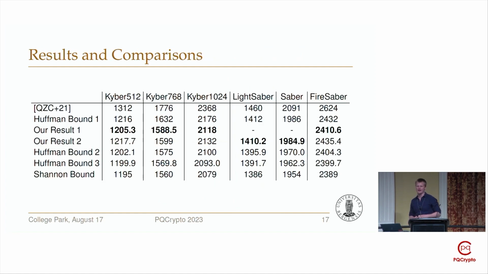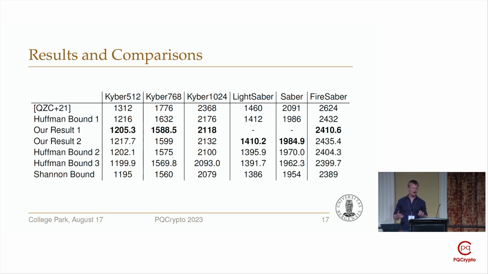And here I have a table of the results in terms of the expected number of splits or queries. So the upper row here is the value of the AsiaCrypt 2021 paper. The one right below it is the bound that they claimed in that paper.